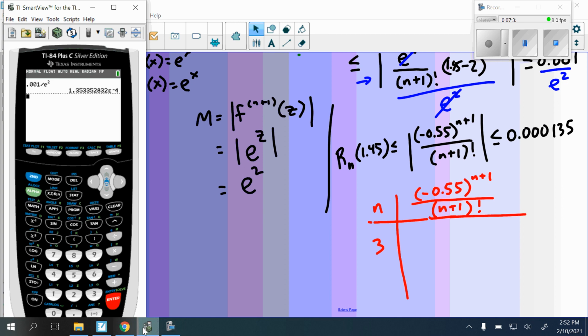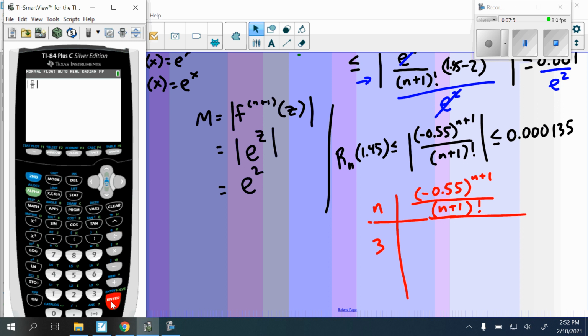So we're going to put this function in, and we want to take the absolute value of it. So I'm going to do math, go over absolute value of, and then I'm going to create a fraction here with our numerator and denominator.